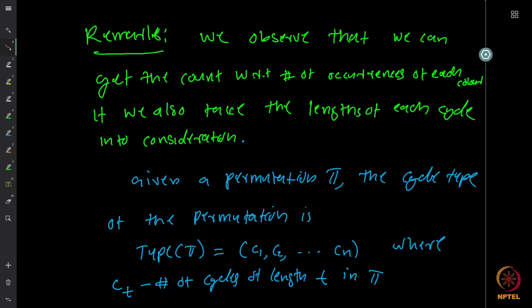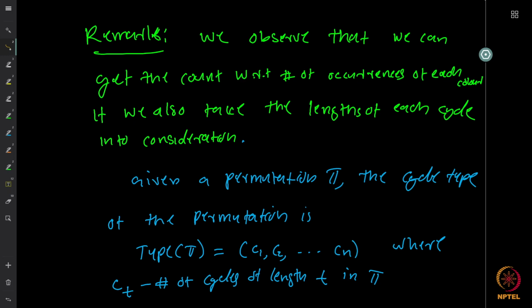So the set of all colorings can now be divided based on the number of times each color occurs, and the action of any subgroup that we are looking at will always be restricted to each of these subclasses of the coloring. So with that observation, we should be able to gain more insights. So that is what we are going to prove in Polya's theorem.